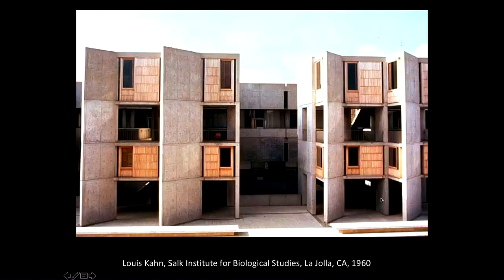He does it here at the Salk Institute. I'm sure you're all familiar with this building. But again, that technique of using this heavy stereotomic massing of cast concrete as a type of shell. And then when you're getting down into smaller scale, these are individual offices of the scientists in there. And also you can see they're all different sizes.